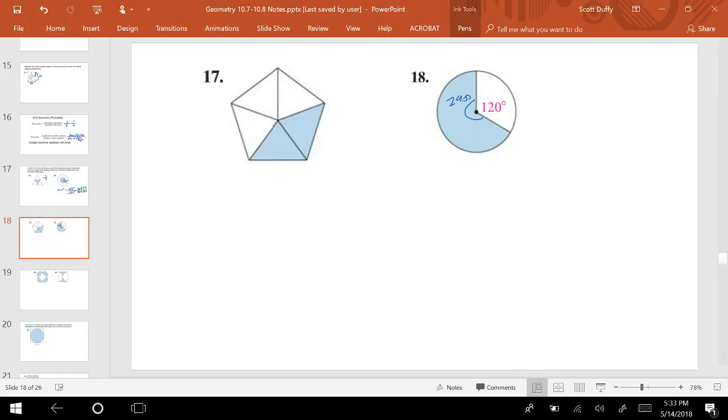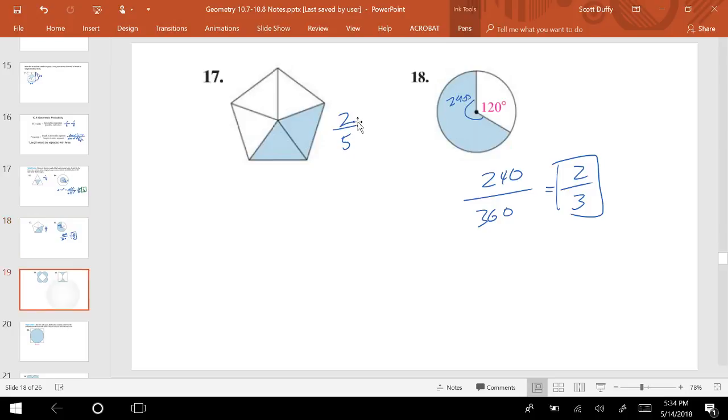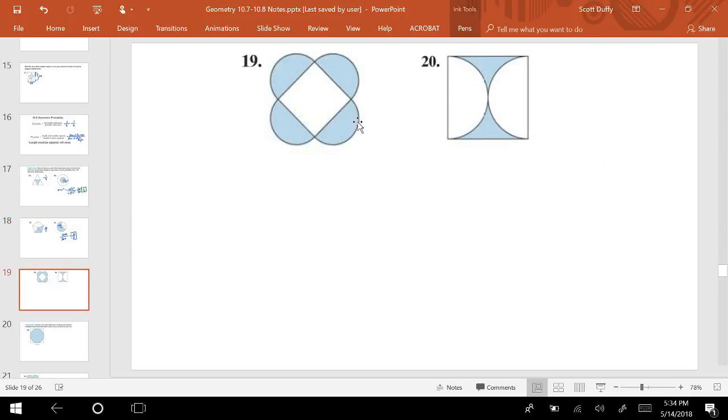So that would be 240 degrees out of the entire 360, which equals 2/3. Over here, you see this is 2/5. Numbers 19 and 20 are a little bit more challenging. I expect you to try them.